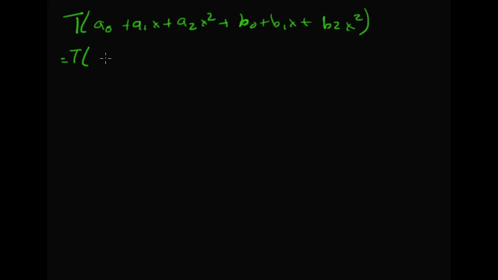So in number 9, we got P of A0 plus A1x plus A2x squared, and then we're going to add to that another vector, B0 plus B1x plus B2x squared. Okay. So what I should end up with here is T of A0 plus B0 plus A1 plus B1 x plus A2 plus B2 x squared.